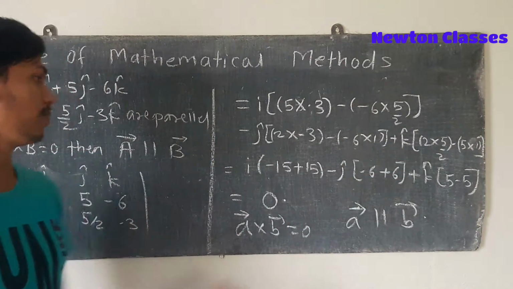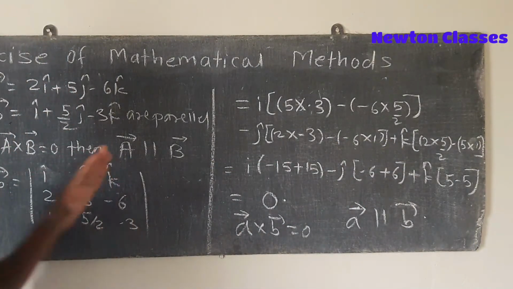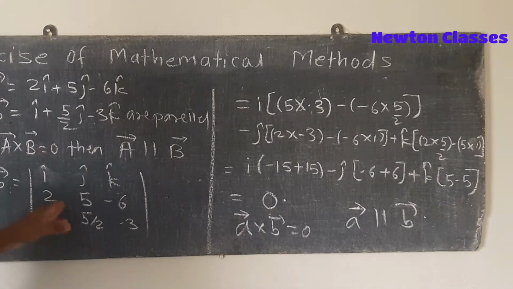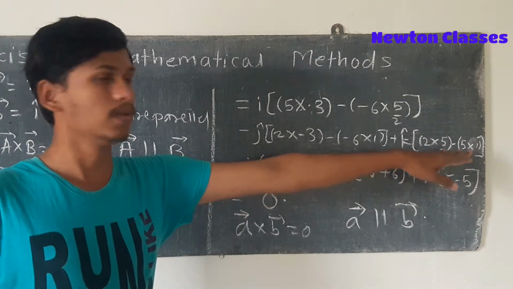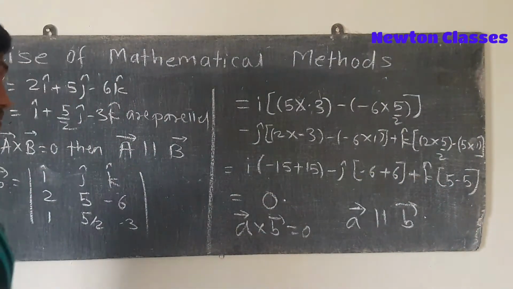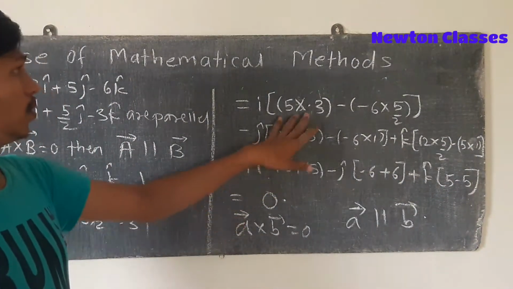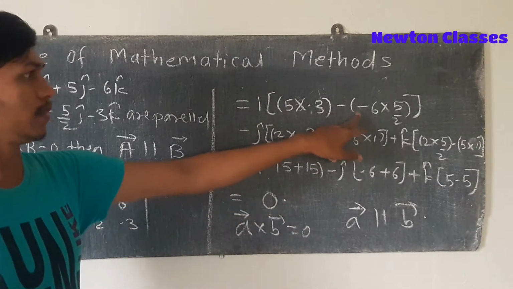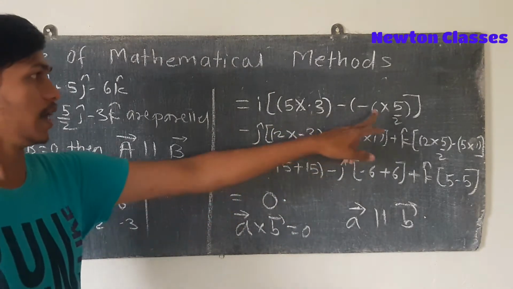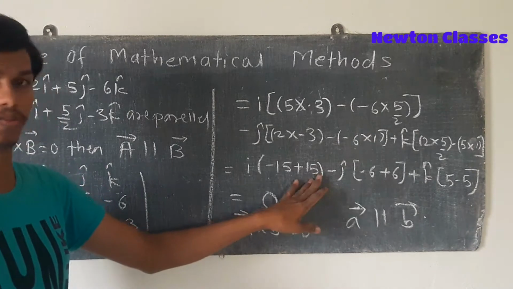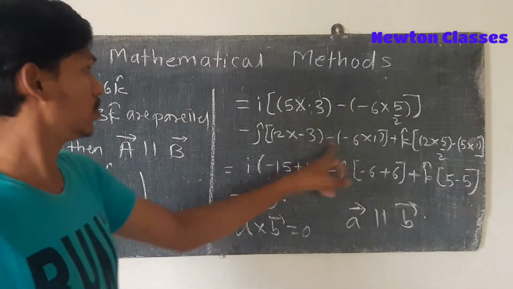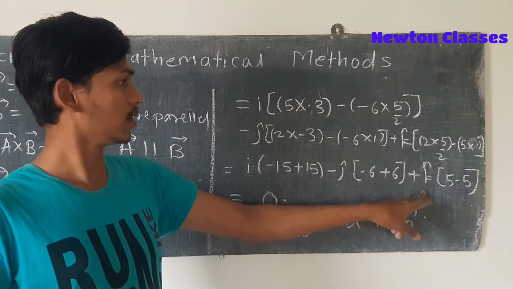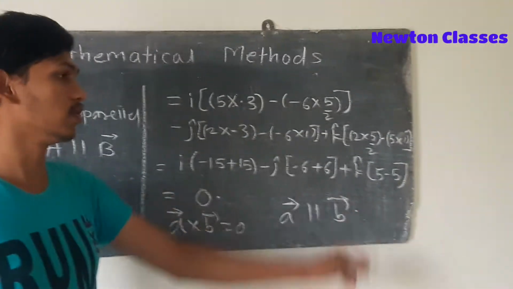Plus k cap: we eliminate this column and this row. Now solve 2 into pi by 2 minus of 5 into 1. Here minus 15, this minus minus becomes plus, and this gives 15. Minus j, here minus 6 plus 6, plus k cap into 5 minus 5.